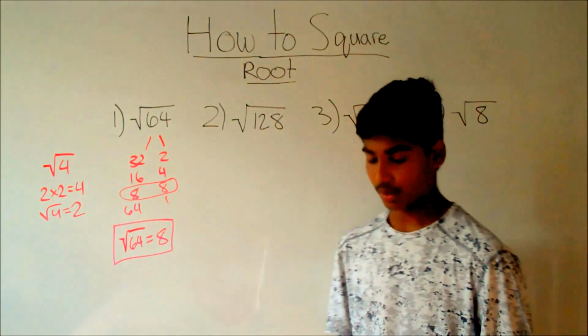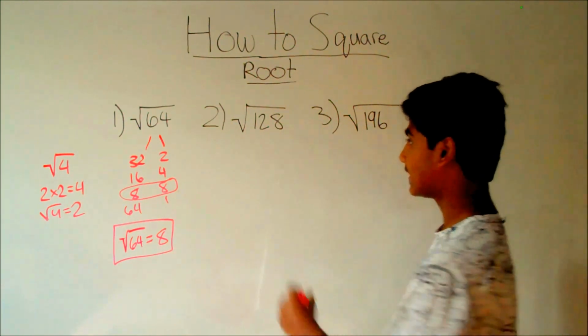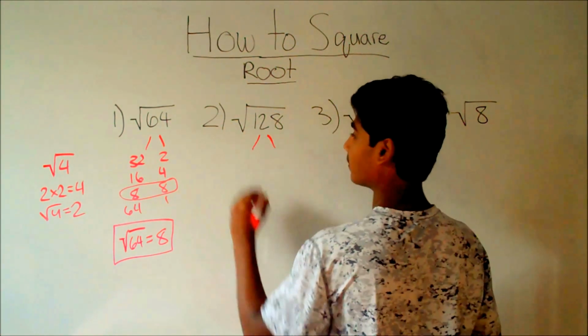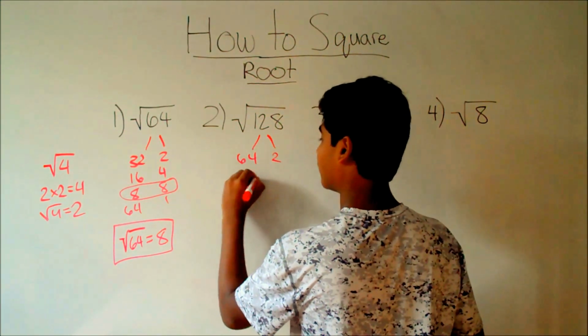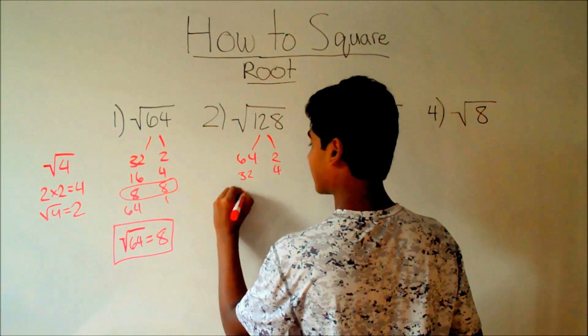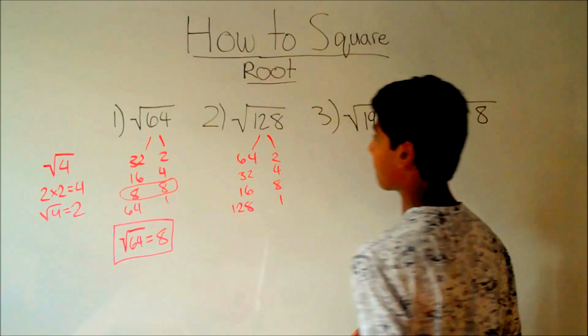Now let's go to the second problem. What is the square root of 128? Well, let's list the factors. 64 and 2, 32 and 4, 16 and 8, and 128 and 1.